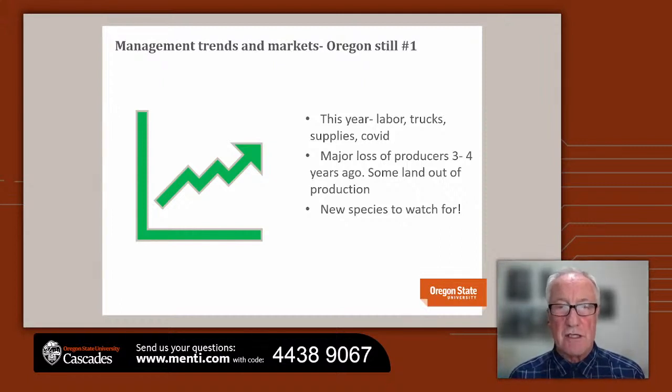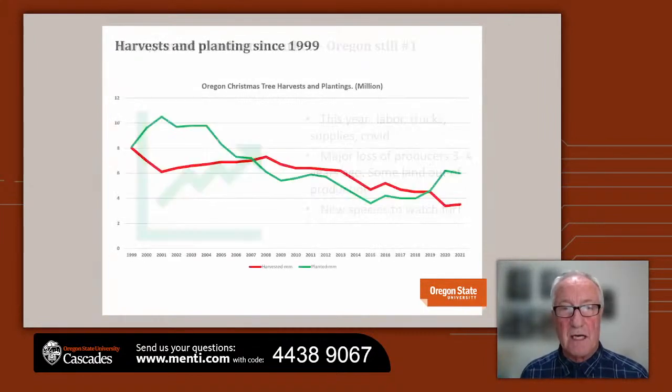We had a major loss of producers 4 or 5 years ago, and some land has gone out of production. Some of it's gone into hazelnuts and some other crops that are less labor intensive than Christmas trees. And we've got some new species that are coming on that I think some of the consumers would be interested in looking at.